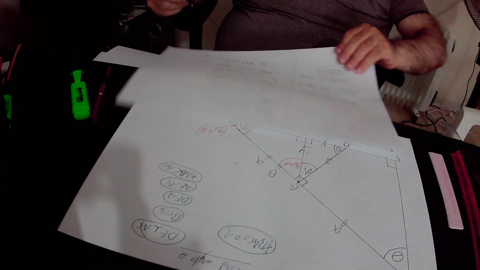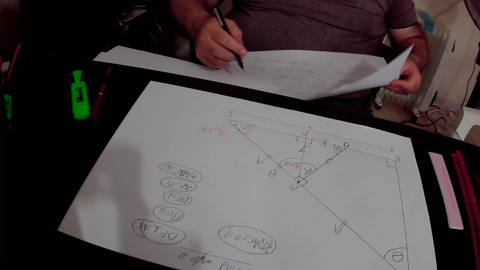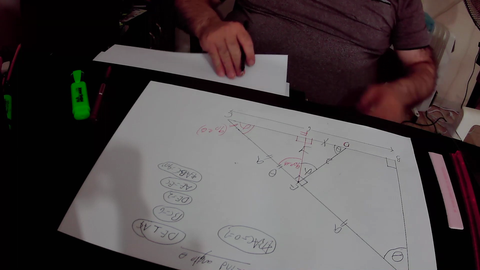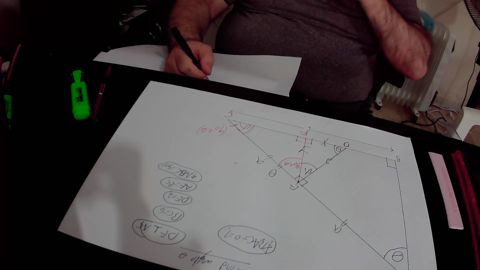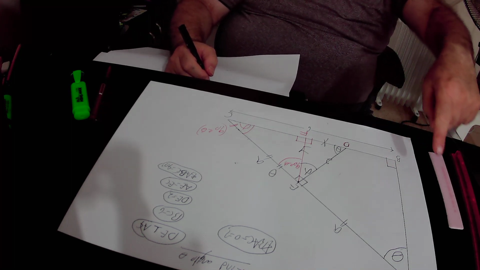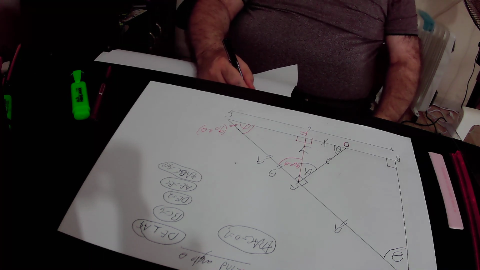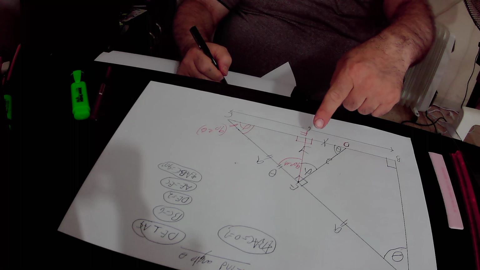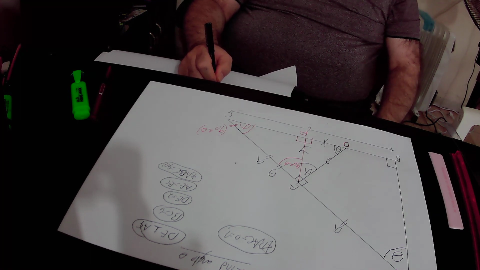And from the fact that triangle ABC is similar to triangle EFC, we will conclude hence that AB over AC in triangle ABC is equal to EF over EC in triangle EFC.